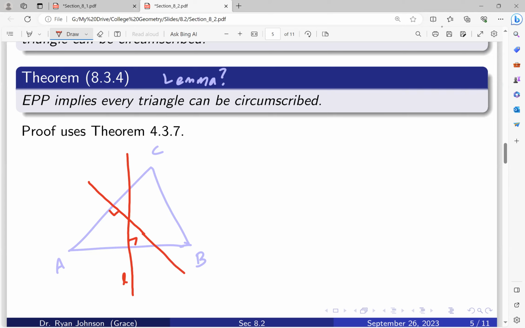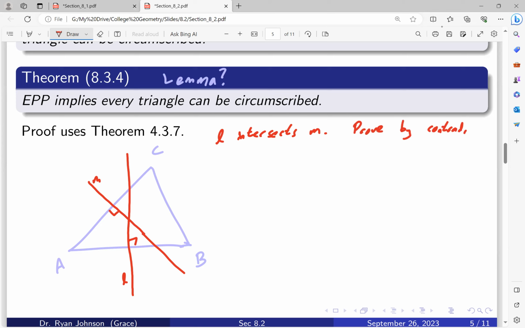Call this line L, call this line M. Okay. Now, first, L intersects M. We prove this by contradiction.